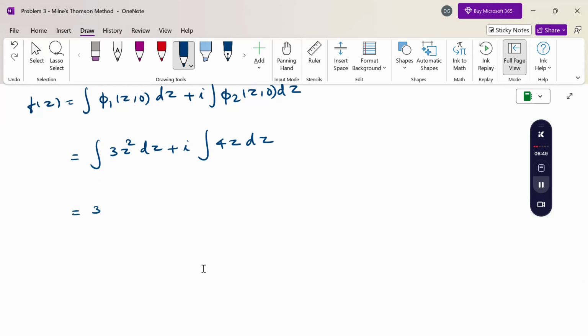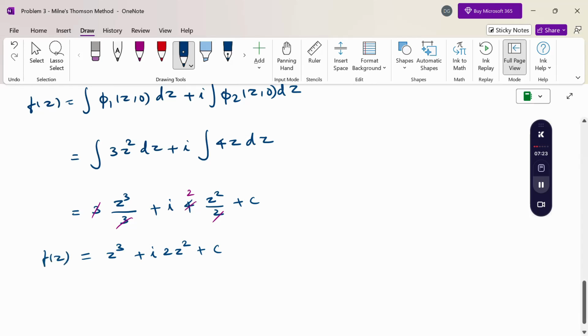3 constant, z square integration is z cube by 3, plus i into 4 constant, z integration is z square by 2. Cancelling the 3, and 2 times 2. Therefore z cube plus i into 2z square plus a constant after integration. So this is our f of z value.